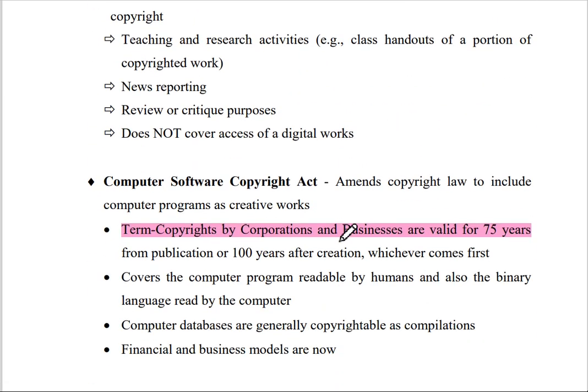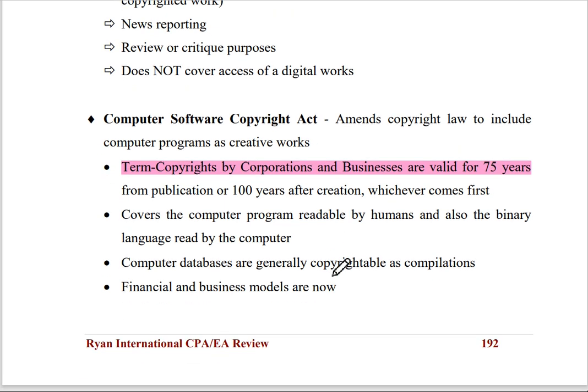When it comes to computer software, the Computer Software Copyright Act amends copyright law to include computer programs as creative works. Copyrights held by corporations are valid for 75 years from publication or 100 years from creation, whichever comes first. This particular act basically protects against copyright infringement on software.